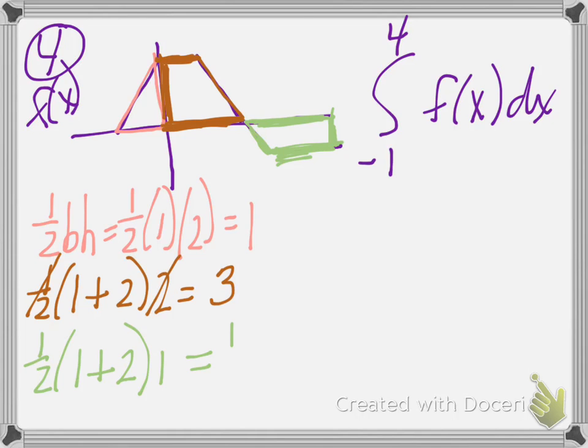And we get 1/2 times 3 equals 3/2. Now, this is the new thing that you haven't learned yet. If you are below the axes, then your area is negative, so you must put a negative there. So important, don't forget that.